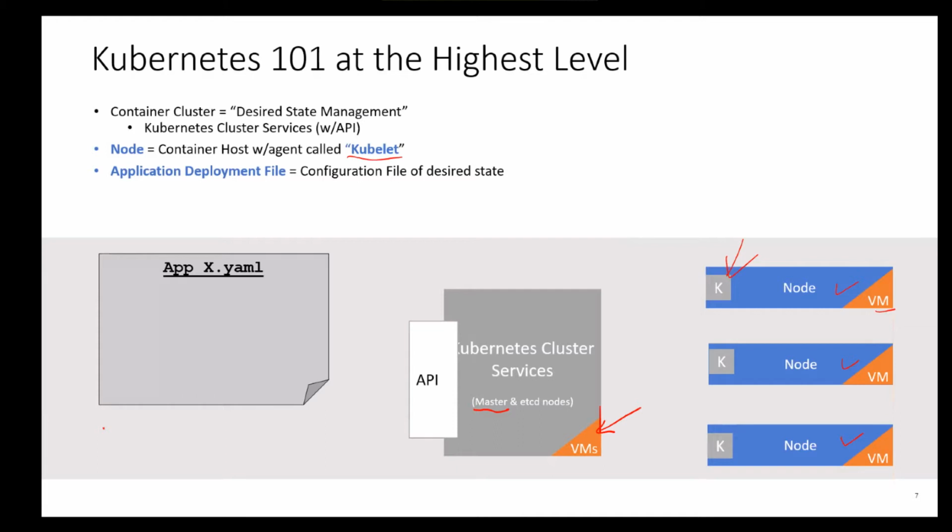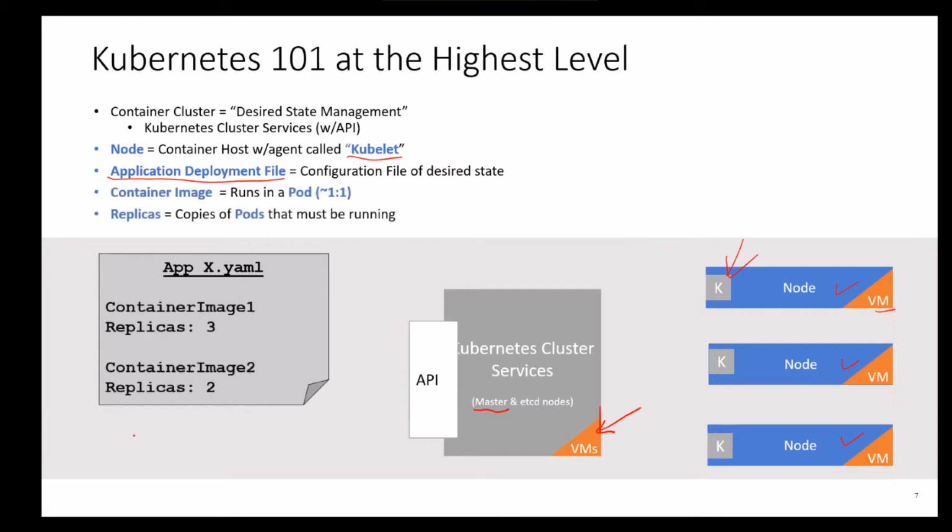What's going to happen is we're going to have this application deployment file. And inside that file, we're going to have some YAML syntax that says what container image do I want to run, and how many replicas of it do I want?